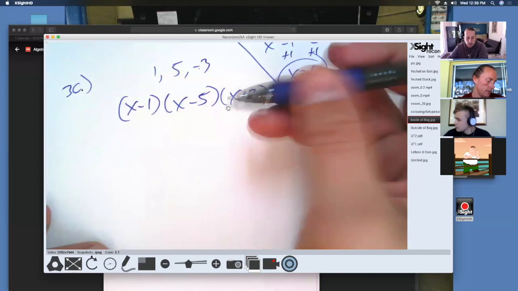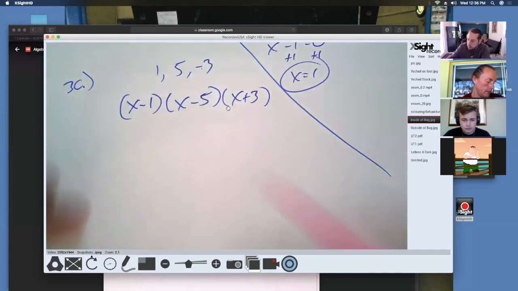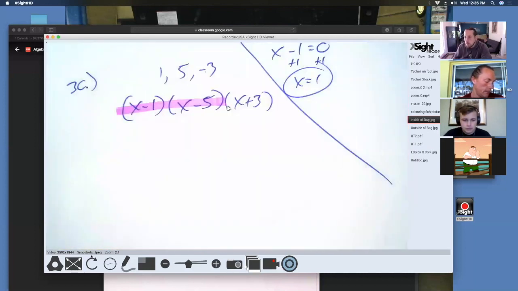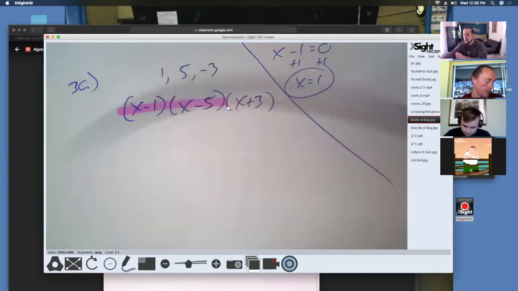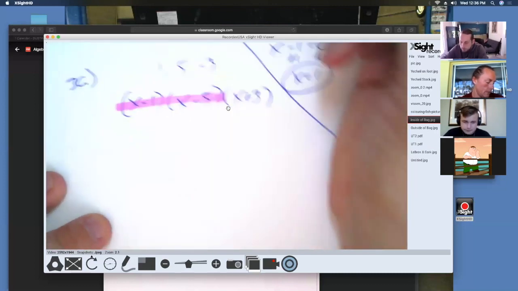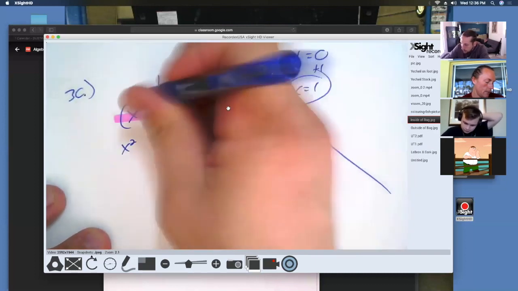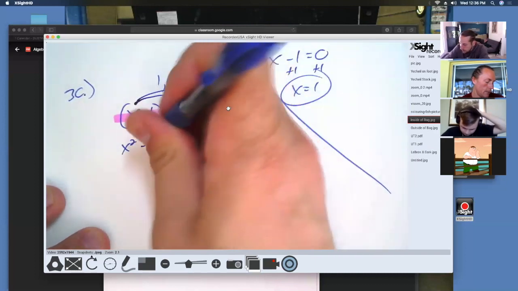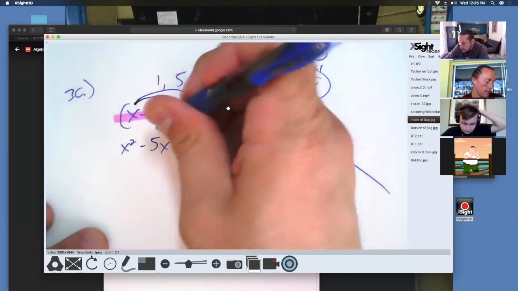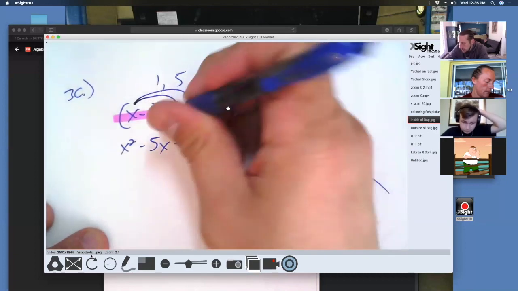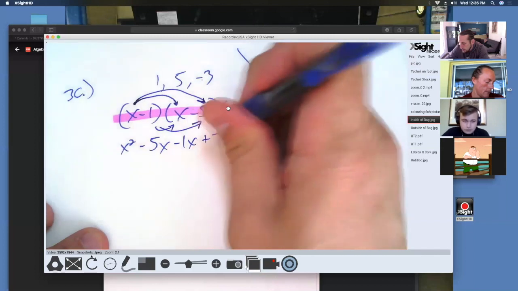I'm going to do those first two first. We FOIL, distribute: x times x is x squared, x times -5 is minus 5x. -1 times x is minus 1x, and -1 times -5 gives a positive 5.